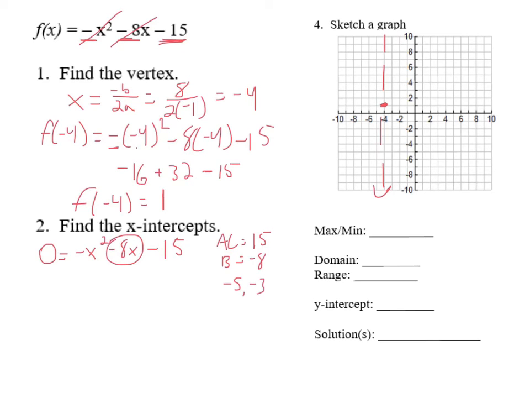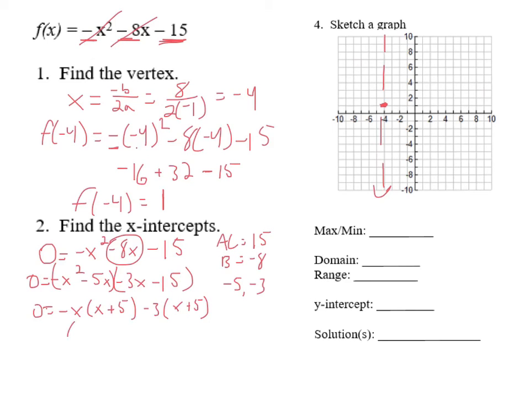Replace my b value. I get 0 equals -x squared minus 5x minus 3x minus 15. Group my first two, group my last two. In my first grouping, a -x factors out, and I'm left with x plus 5. My second group, a -3 factors out, and I'm left with x plus 5.